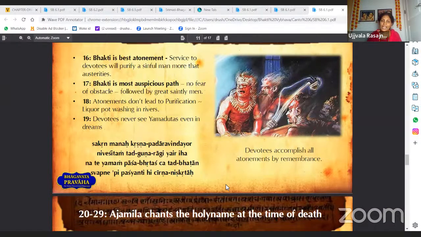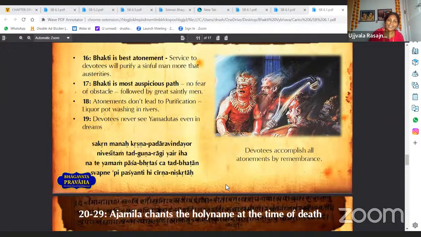Manah Krishna Padara Vindayor. Manas is not exactly mind or heart. When our heart is in the smarana of Krishna Pada Aravinda, the lotus feet of Lord Hari.